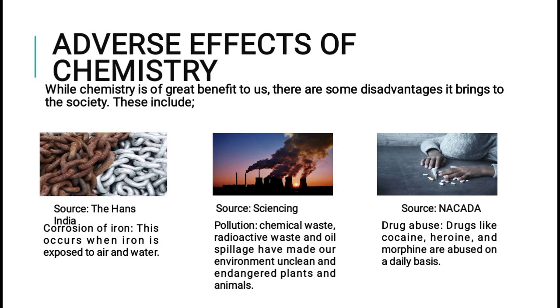Chemical waste from factories, radioactive waste, oil spillage, and so on can pollute the air and water. This pollution has endangered the lives of plants and animals. Human health is being threatened by all this, and it can be controlled by recycling of waste and catalysts being used in the industries.